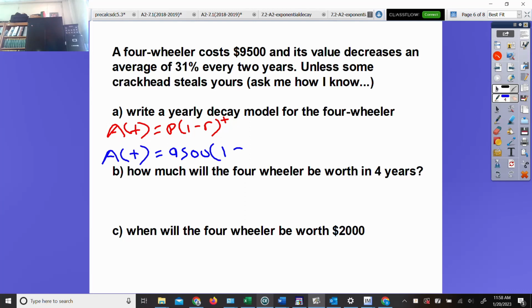1 minus R. What's R? 0.31. Don't write in 31%. Write 0.31. If you just write T, you're wrong. T over 2. Periods of 2 years.